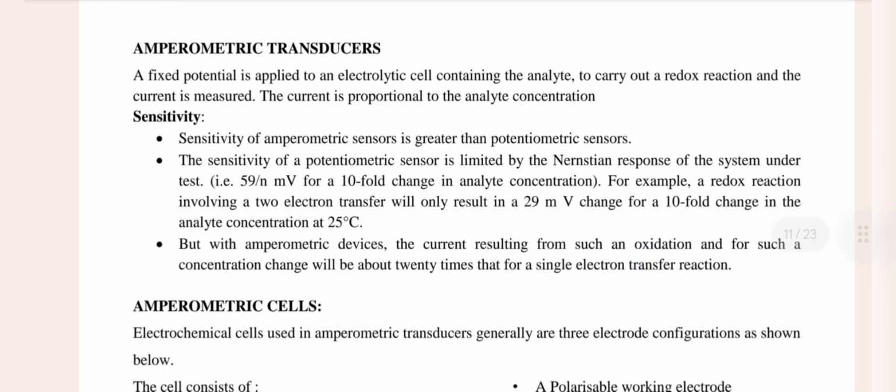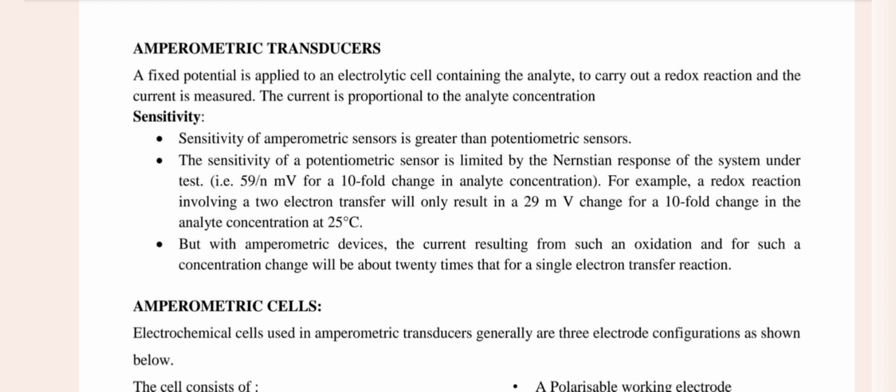When speaking of a sensor, one of the important characteristics of a sensor is sensitivity. Here the sensitivity of amperometric sensors is greater than that of potentiometric sensors. We already studied potentiometric sensors. Their sensitivity is limited to only the Nernstian response of the system under test.